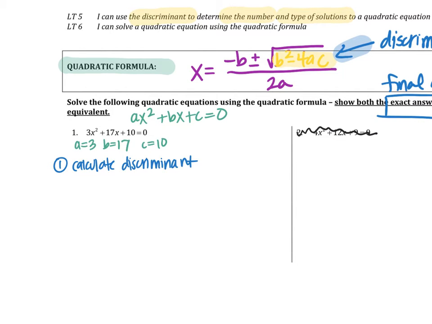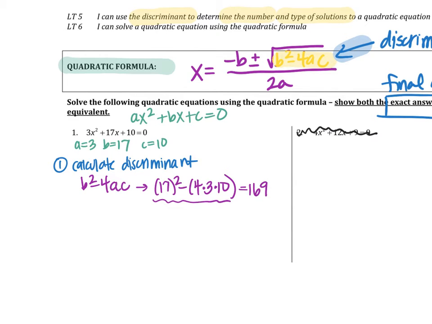As we said, the discriminant is b squared minus 4ac. So we're going to take 17 squared minus 4 times a times c. We're going to type it into our calculator exactly as we see it there.